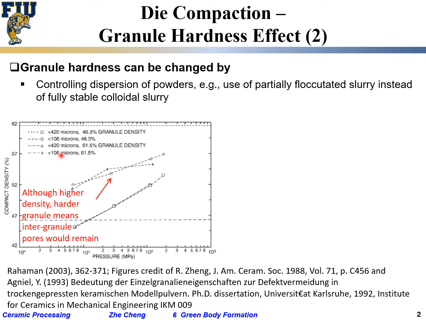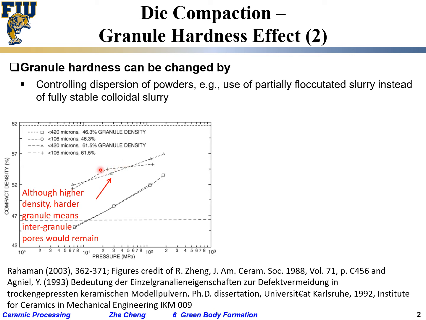But the complex thing is that although if you start from the so-called higher packed granules, they initially give you higher density, quite often people find that these types of granules are maybe too hard.